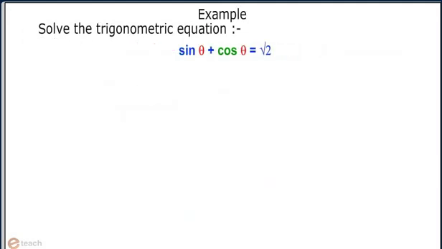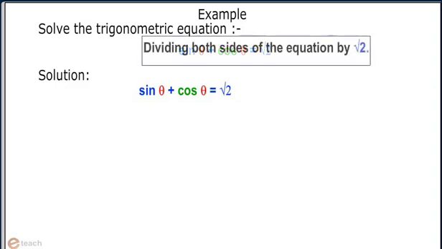Let us see another example. Solve the trigonometric equation sin theta plus cos theta equals square root of 2. Let us see the solution. Here we have sin theta plus cos theta equals square root of 2.